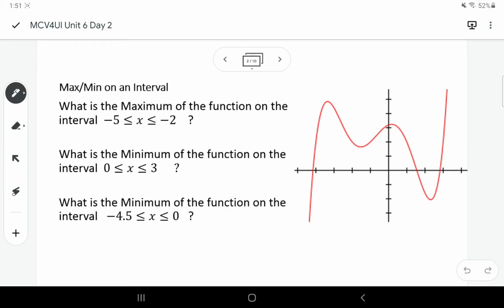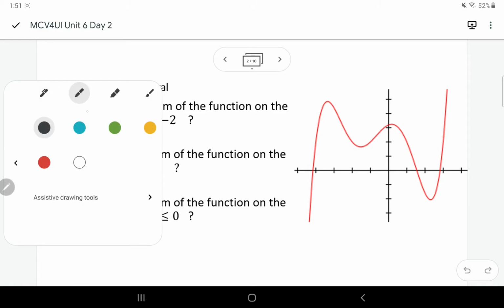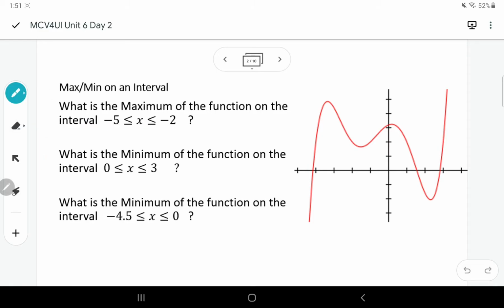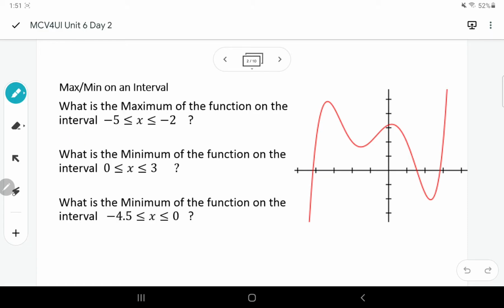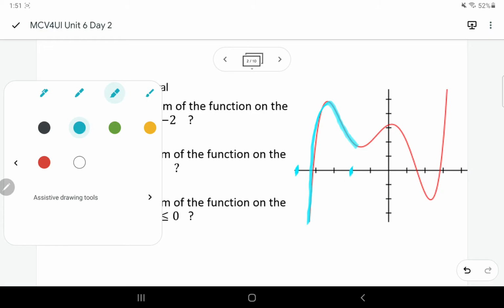So looking at this graph here, the first question says, what's the maximum of the function on the interval -5 to -2? So I'm just going to highlight that piece of the function. So from -5 to -2, if I highlight along that function there, what's the maximum value?